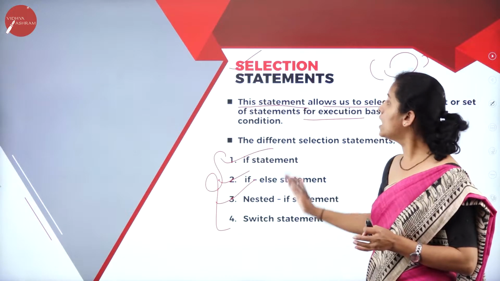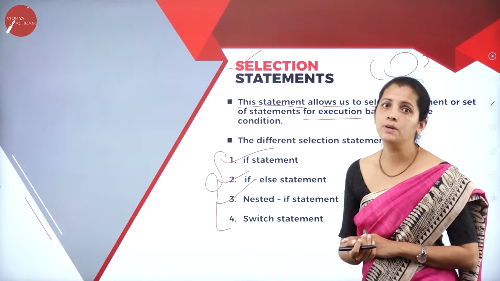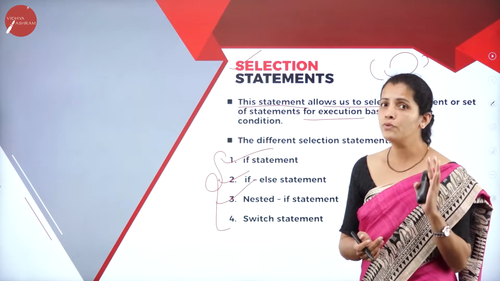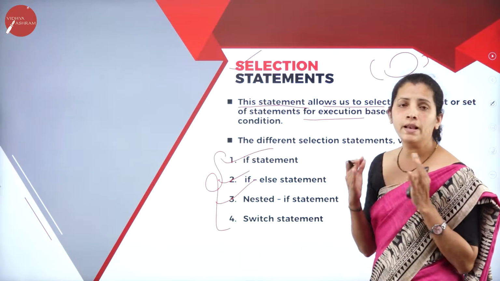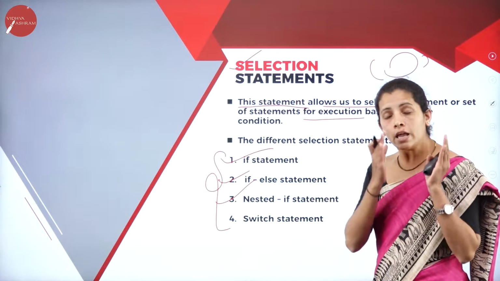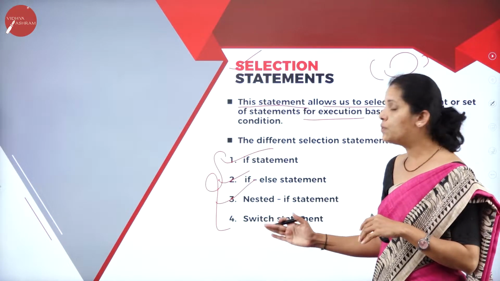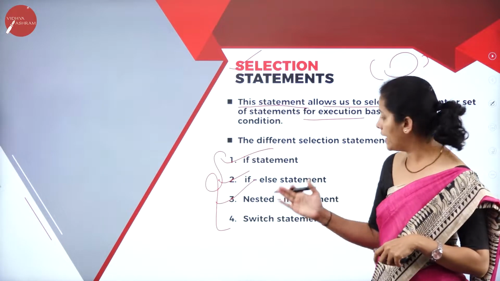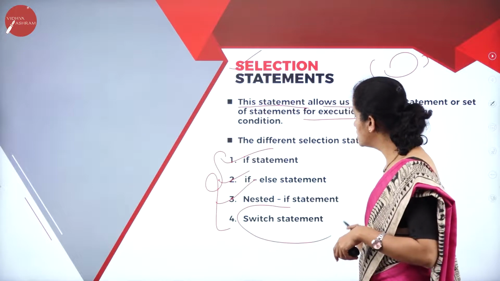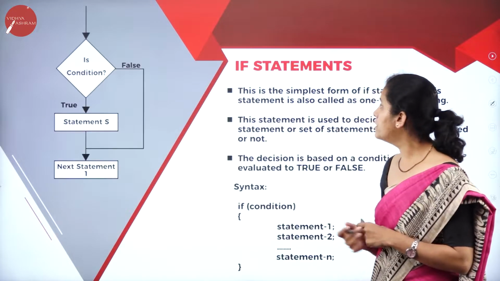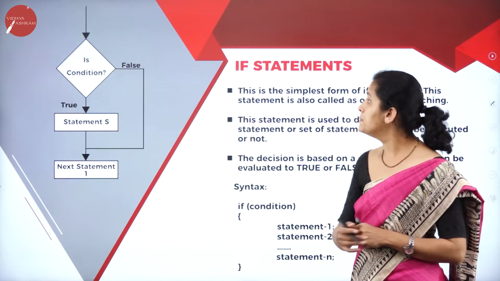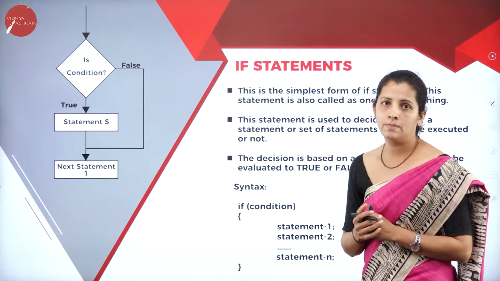So dear student, how many types of selection statement we are going to have here? That is 4. One is simple if statement. Another one if else. Another one nested if. Another one switch statement.